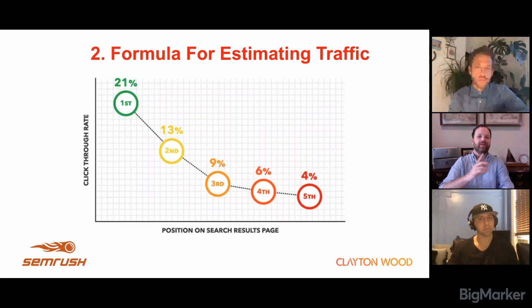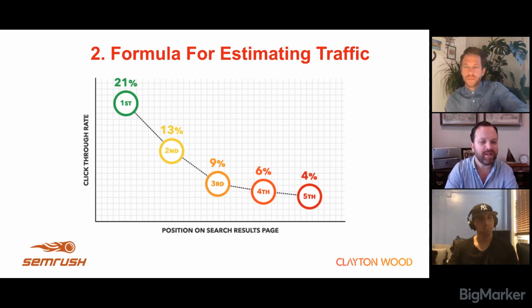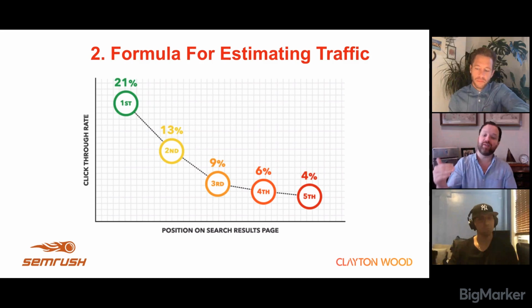Now, what do you do with all this data? The formula that I use for estimating traffic, and there's a number of them, you can do it multiple ways. If you go out there and look on Google at how much traffic the first, second, third, and so on result get, you'll find data like this. The first organic result typically gets, research estimates, 21% of the clicks.